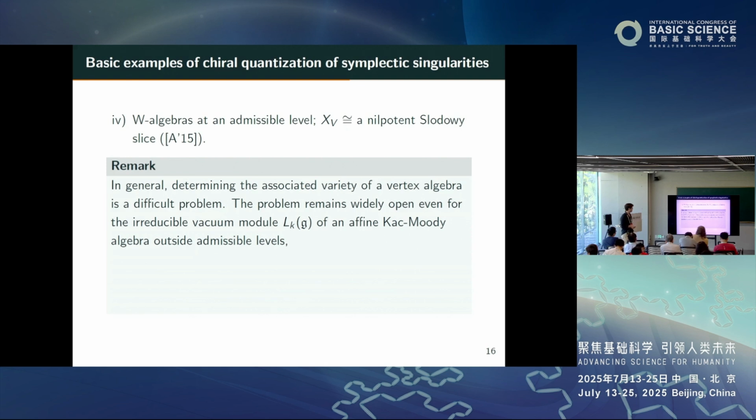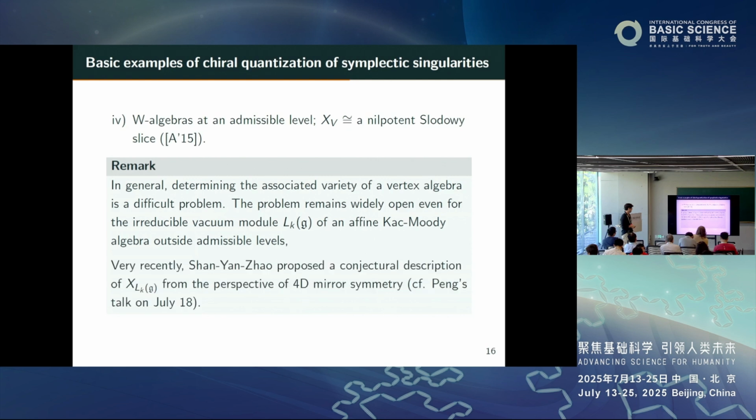And there was not even a conjecture, but recently Peng Shan, Wenbin Yan and Dan Xie proposed a very nice conjectural description of the associated variety of this affine Kac-Moody vertex algebra from the perspective of 4D mirror symmetry, which I think Peng is going to talk about tomorrow.